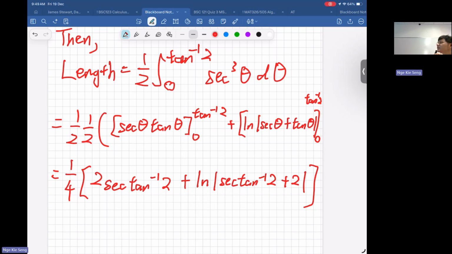You need to use this method to help you calculate if you want to get this number here. So you basically use this number here, and you know that tangent theta is 2. You plug your 2 here, then your secant square theta is 5. So your secant theta has to be plus or minus square root 5.